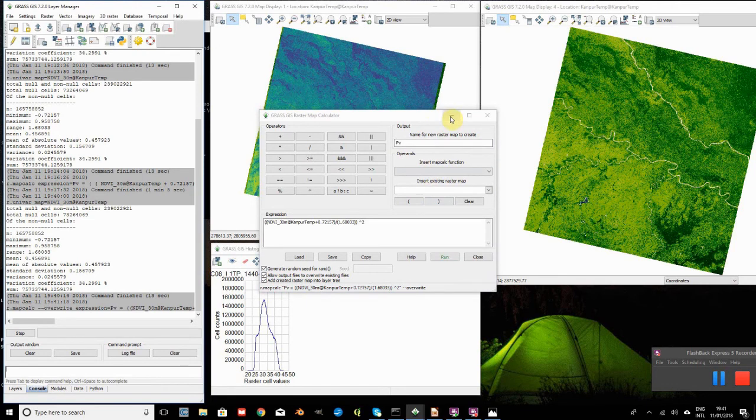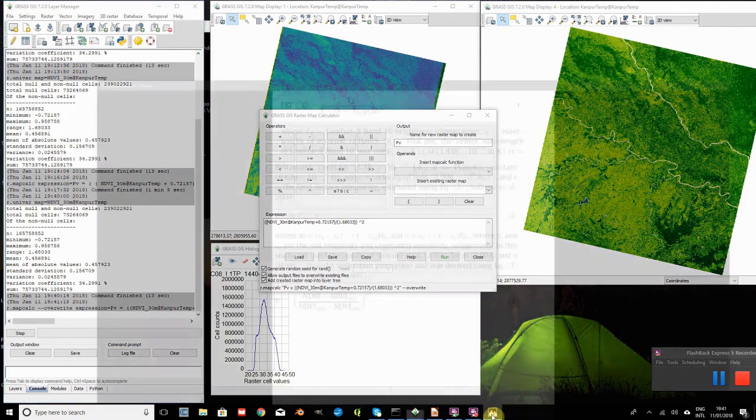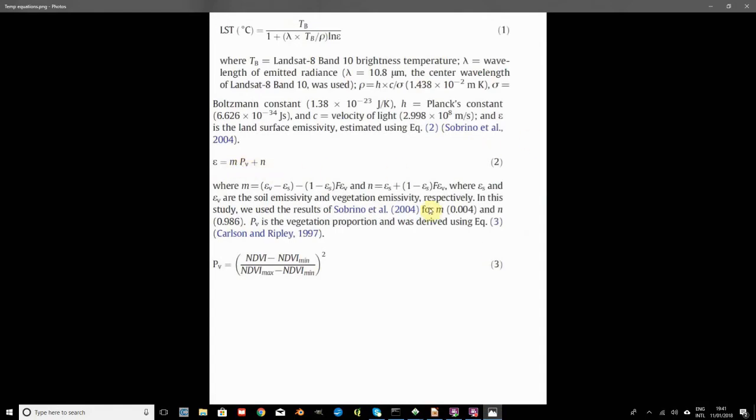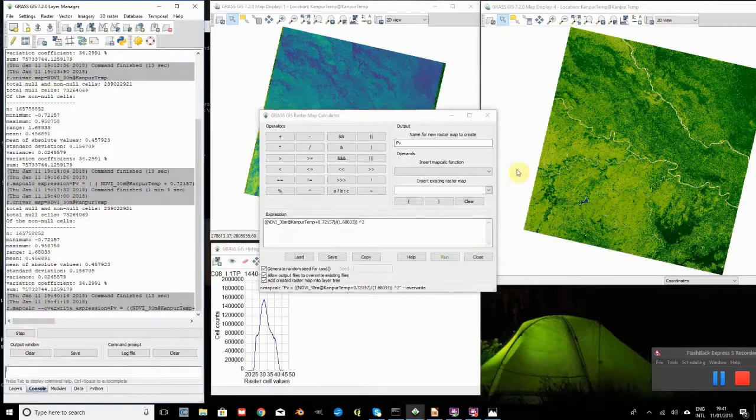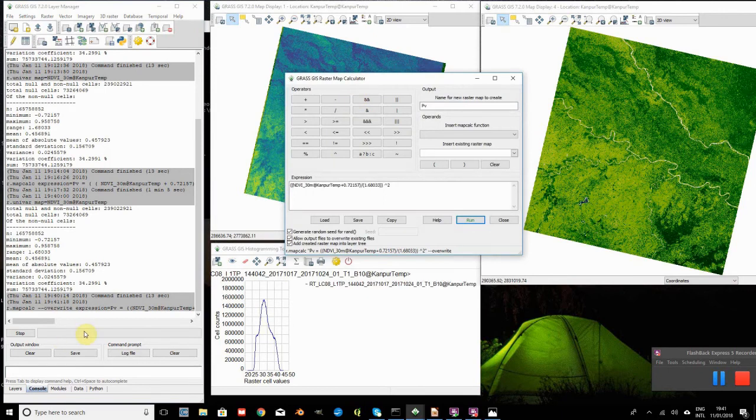Okay, so that was the first part of our equation. Now we can finish the emissivity calculation. That is simply 0.004 times the PV raster plus 0.986. You can actually have a look at it.